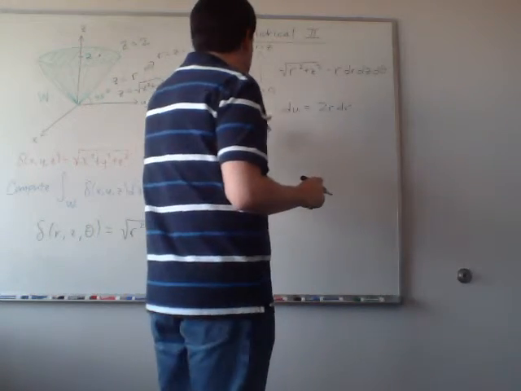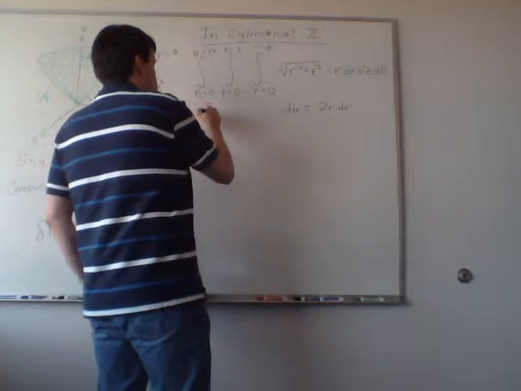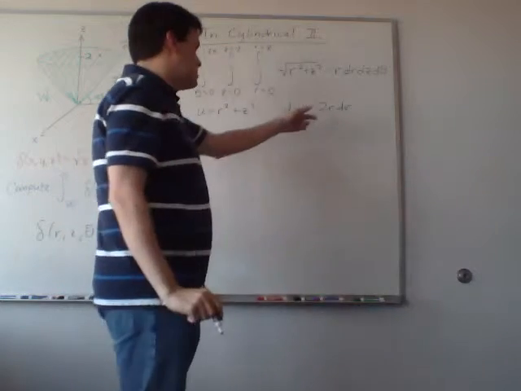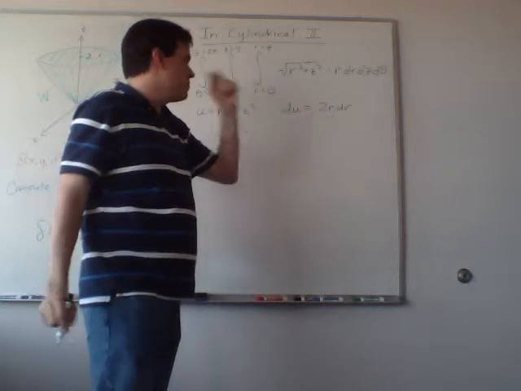Actually, to make things simpler, I could let u equal r squared plus z squared. I think that's a little bit more straightforward. And then this is still true because z is a constant. Its derivative is not going to matter here.